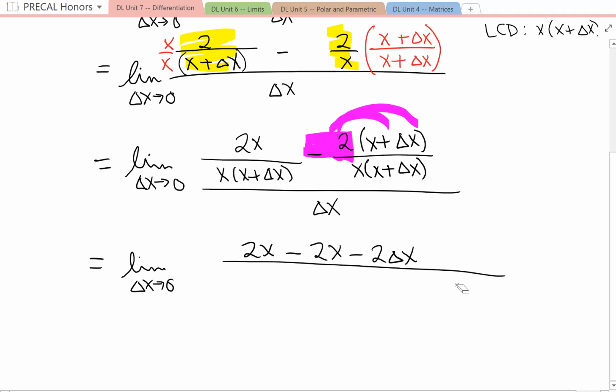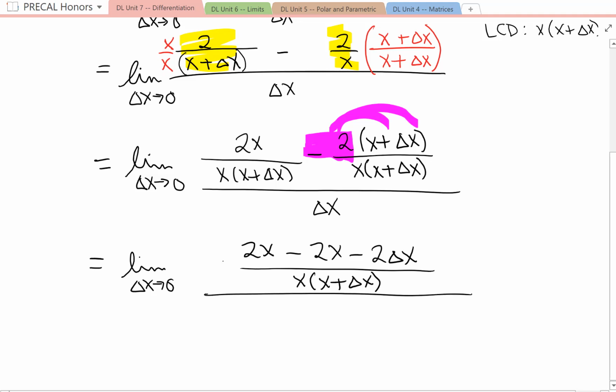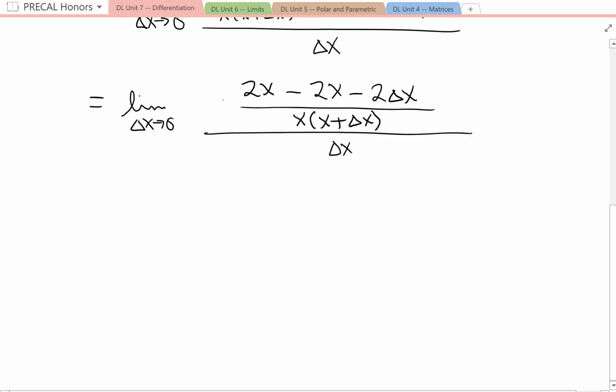This is over x times x plus delta x, all over delta x. 2x minus 2x is 0.